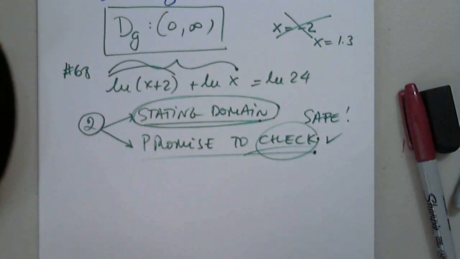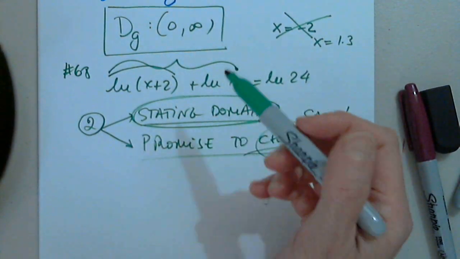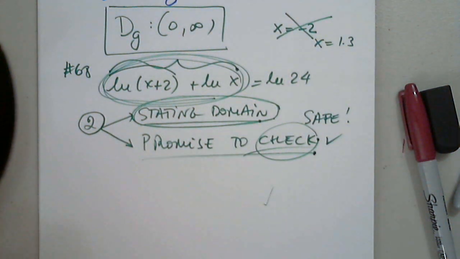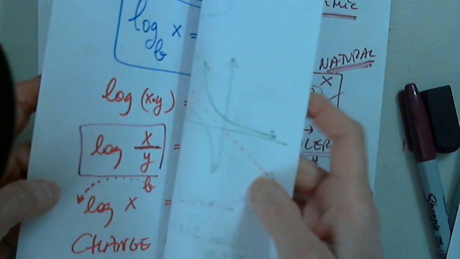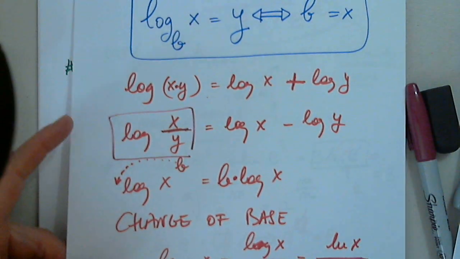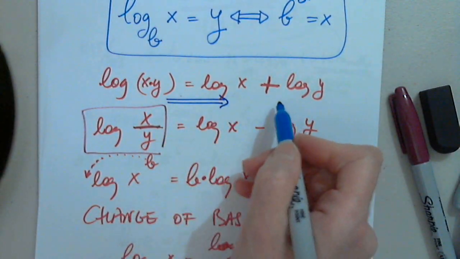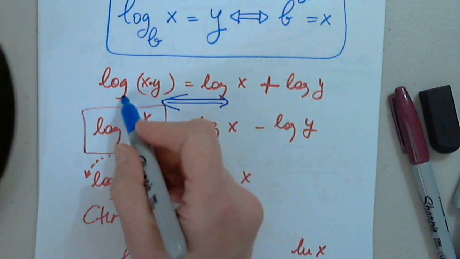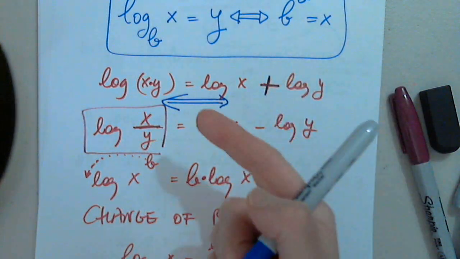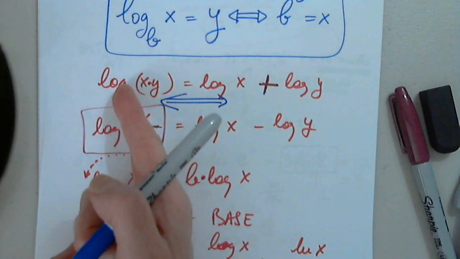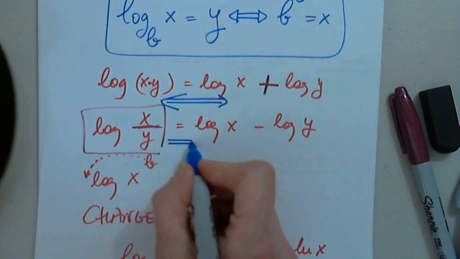Okay? Good. Now, in order to solve this equation, I have to condense this. Condense? Yes. So going back to the rules that we listed a minute ago, these go back and forth from this side to this side and back. So I have a sum of two logs with the same base. I can condense it and write this. They're dynamic, going back and forth.